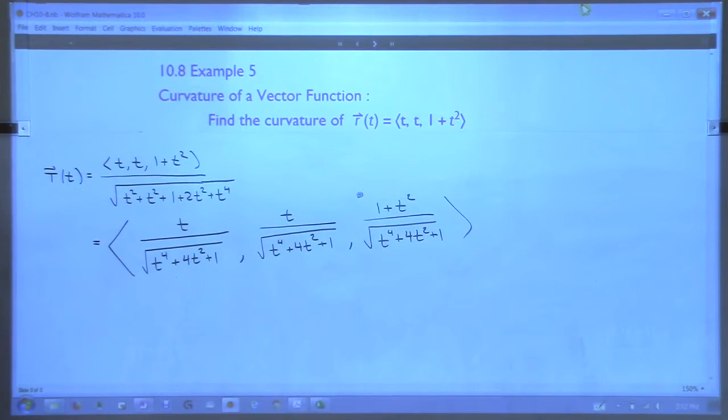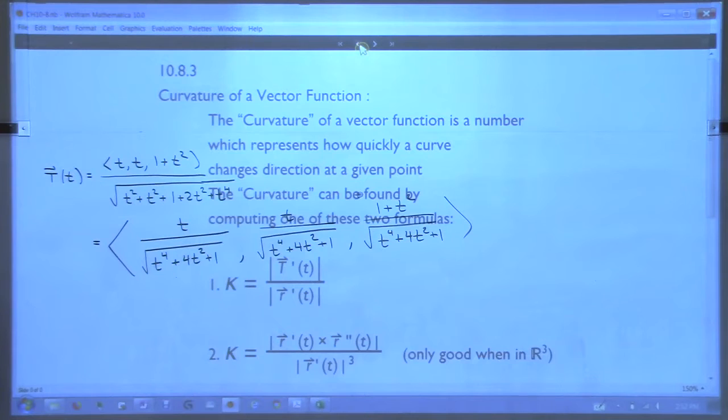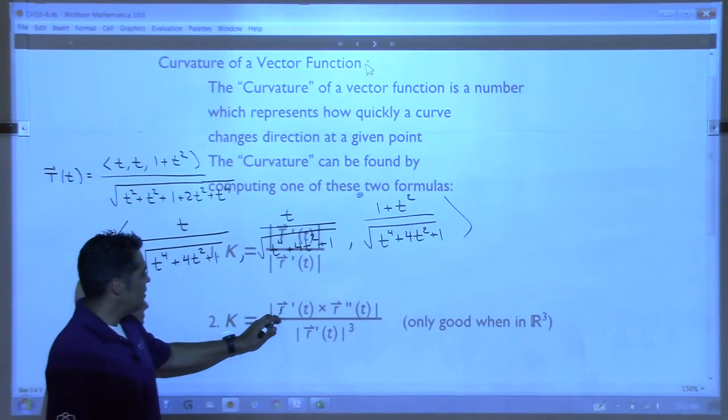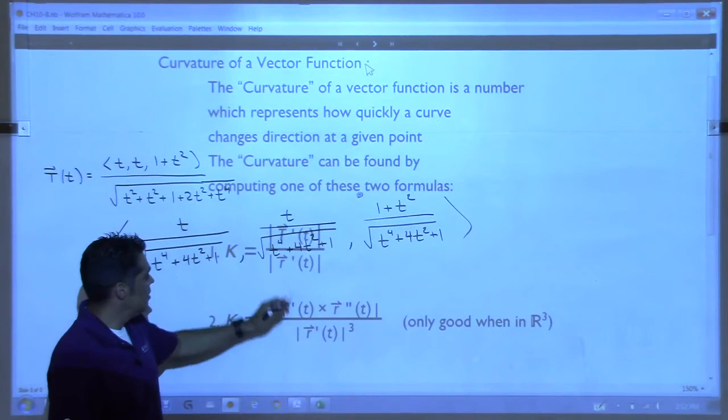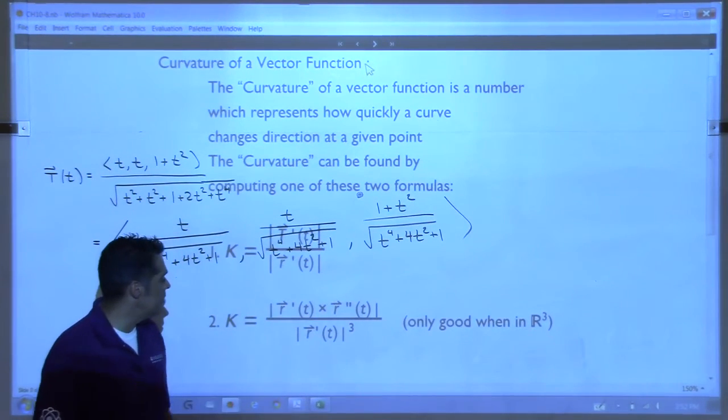Right? I'm thinking maybe we should look at the other formula. So the other formula is this one, right? So I need the first derivative of r crossed with the second derivative of r, take the magnitude, and then divide it by the magnitude of the derivative of r cubed.